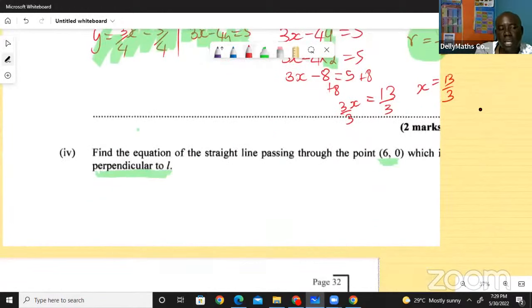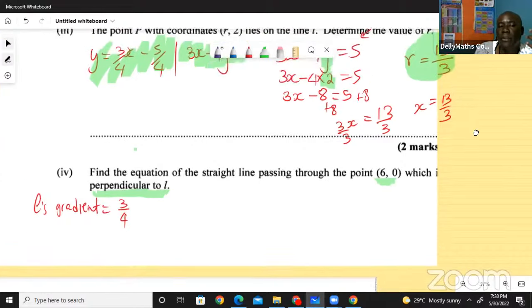So, the gradient for L, I'm going to write L's gradient, was equal to 3/4.